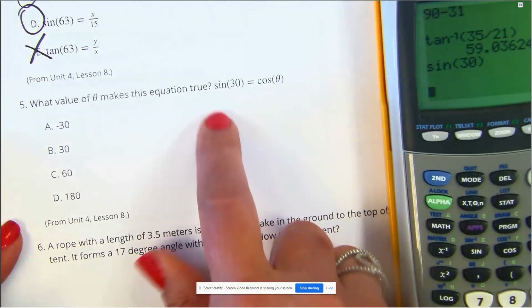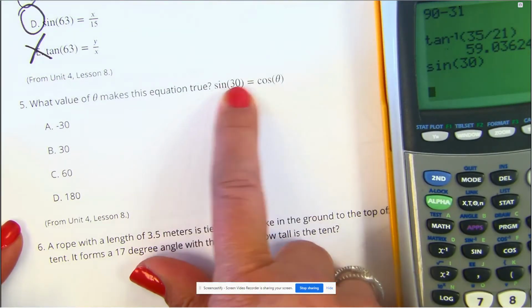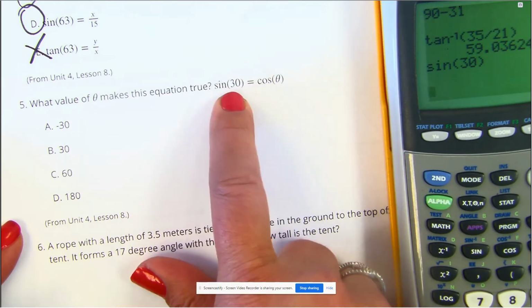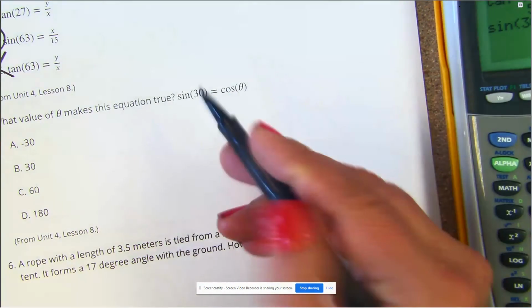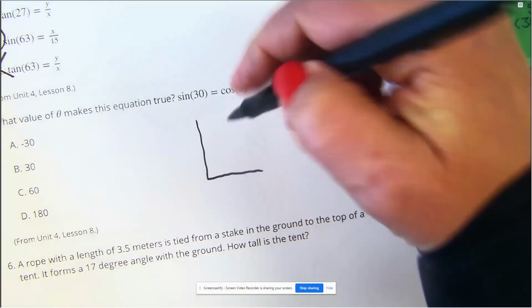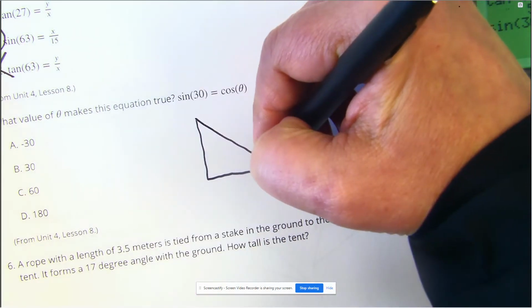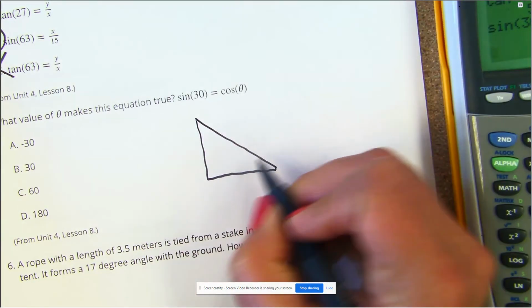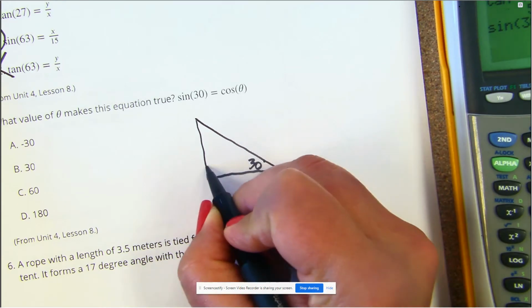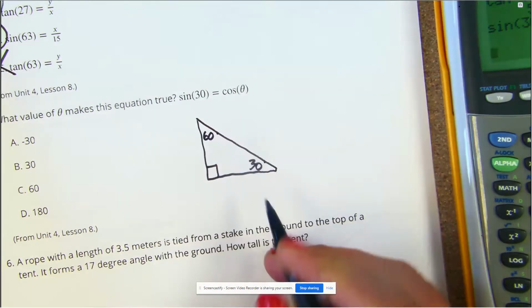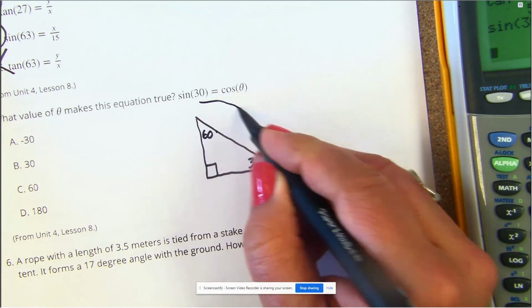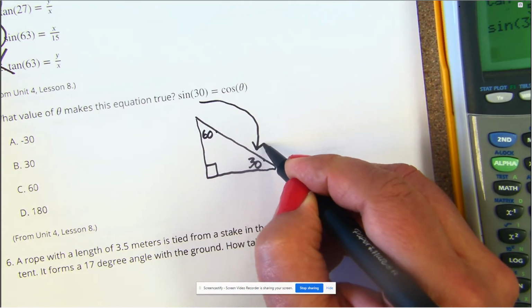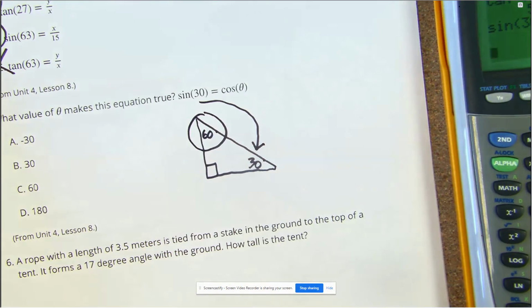Now, they want you to realize that the sine of 30 is going to be the same as the cosine of the angle, right? If you had a triangle that was 30, I'm not drawing this to scale, by the way. So this would be 30, and then this would be 60. So the answers for the sine of this become the answers for the cosine of the angle that's complementary to that.